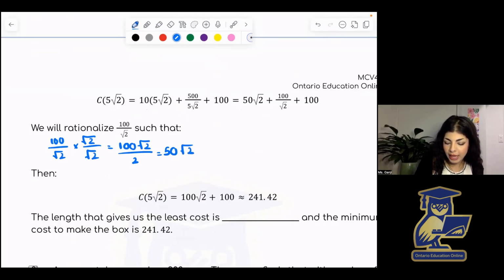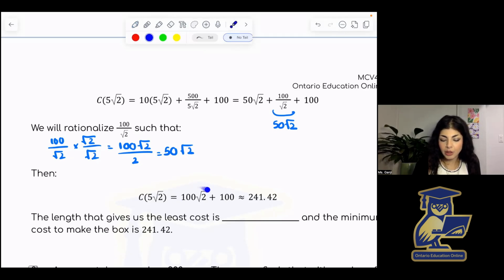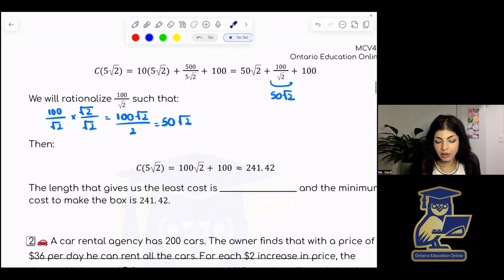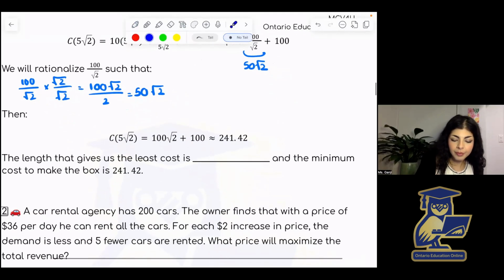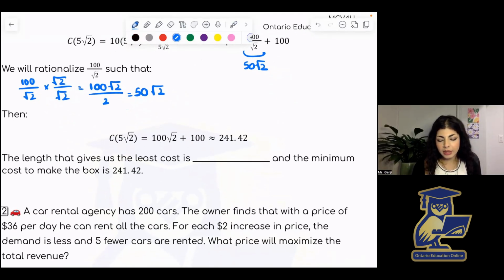And so then this expression being 50 square root of 2, we end up with 50 plus 50, 100 square root of 2 plus 100. And now at this point, you can use a calculator to get an approximate value. And especially with word problems, we do want to do that. And so the length that gives us the least cost is going to be 5 square root of 2. And I can actually find this.